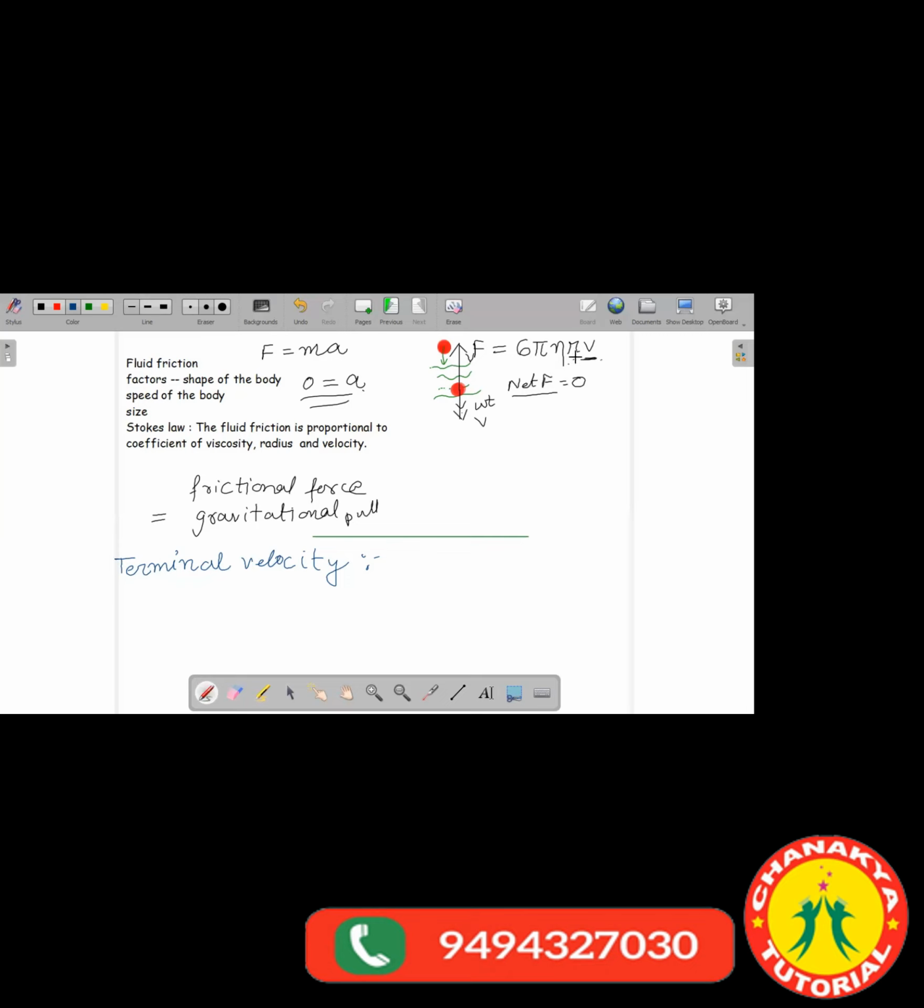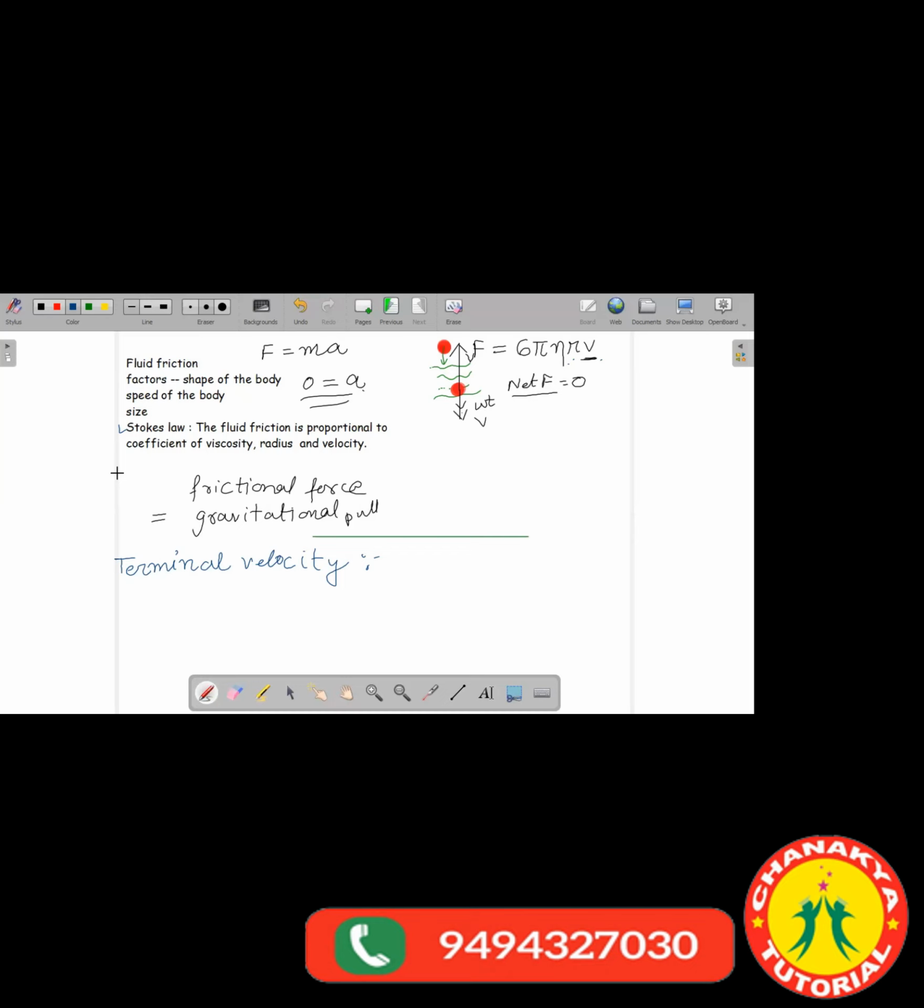So this backward dragging force is given by the Stokes law. We call this law the Stokes law. As per the Stokes law, the fluid friction is proportional to the coefficient of viscosity, radius, and velocity. So the radius of the object that is falling and the velocity of the object that is falling. These are the factors on which the backward dragging force depends.